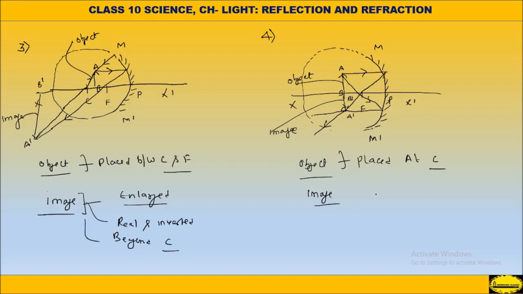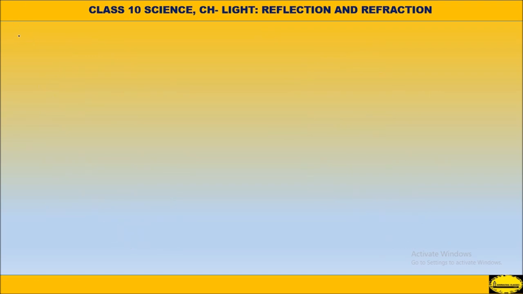What about the image? Image is formed at center of curvature. Image, we can see it is of the same size as the object size, and it is also a real and inverted image. Now we have case 5.